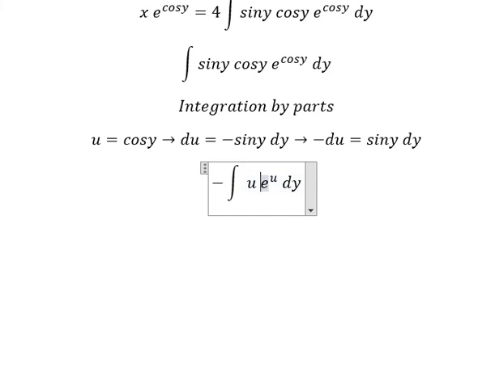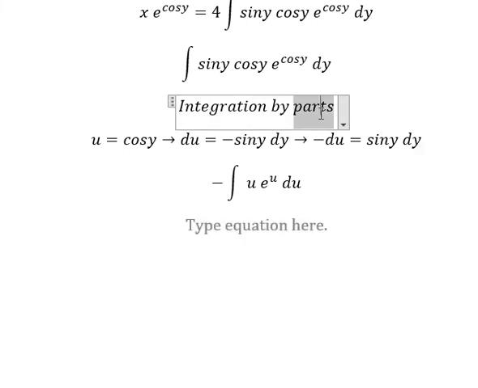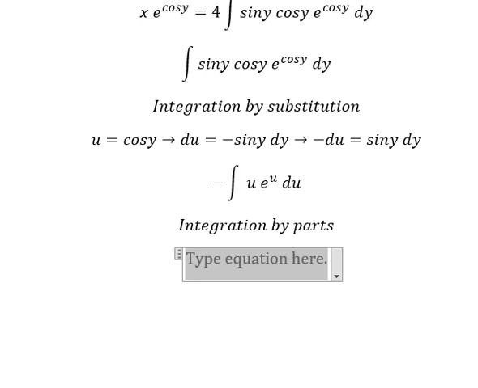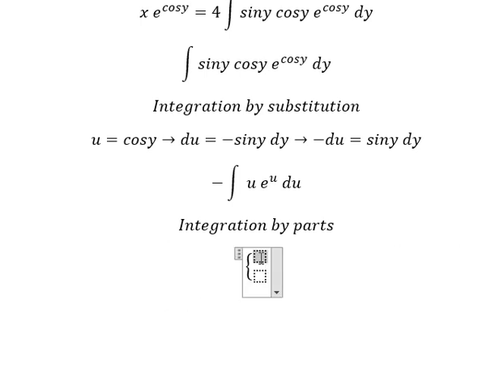Next, we need to use substitution. This one is about integration by parts in here. So for this one, I will put t equals negative u.